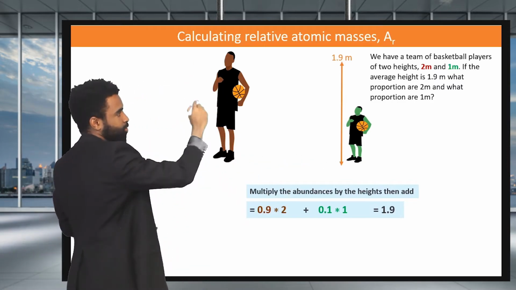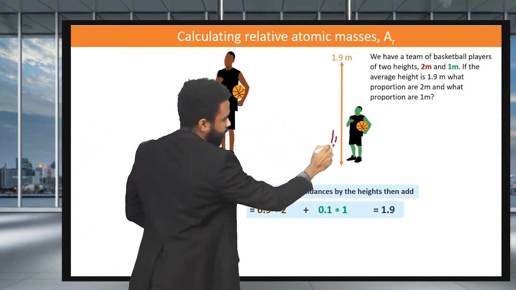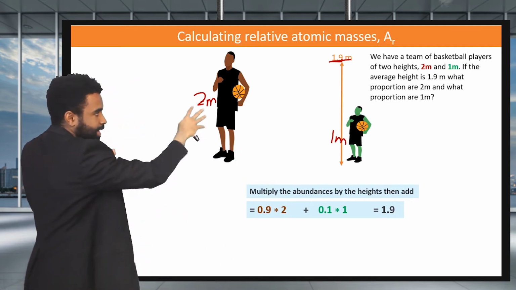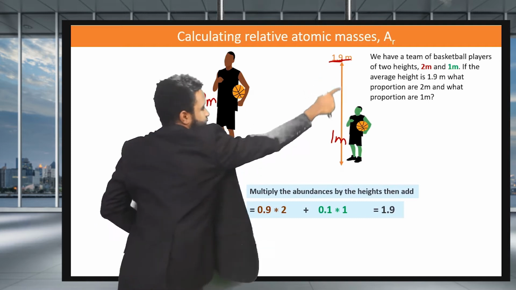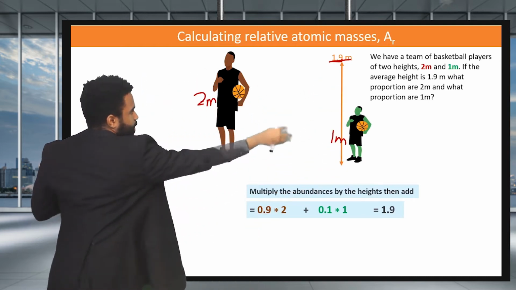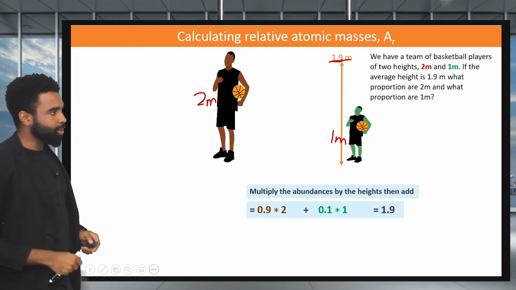One type is 2 meters tall, and the other type is 1 meter tall, and we were given the average. And we're asked, what proportion is this and what proportion is this? Well, just by looking at the 1.9 meters, you can see it's closer to the 2 meters than it is to the 1 meter. So there must be more of the 2 meter guys than the 1 meter. But exactly how much more?